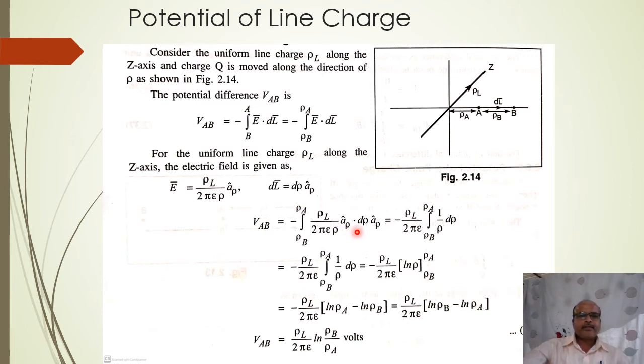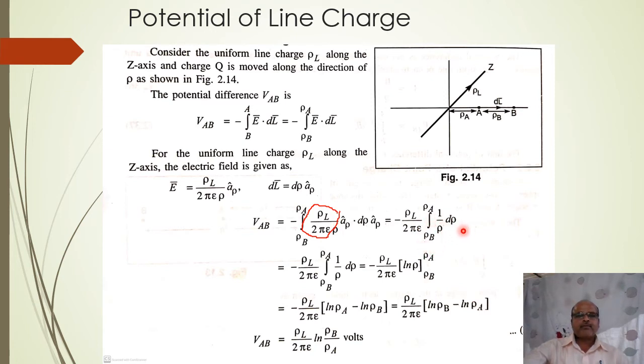For solving this integral, take the constant terms outside again. Here the constant term is rho L upon 2 pi epsilon. Take that term outside, and this rho cap dot rho cap is 1. So the remaining terms are d rho upon rho. So minus rho L upon 2 pi epsilon integral from rho B to rho A of 1 upon rho d rho.